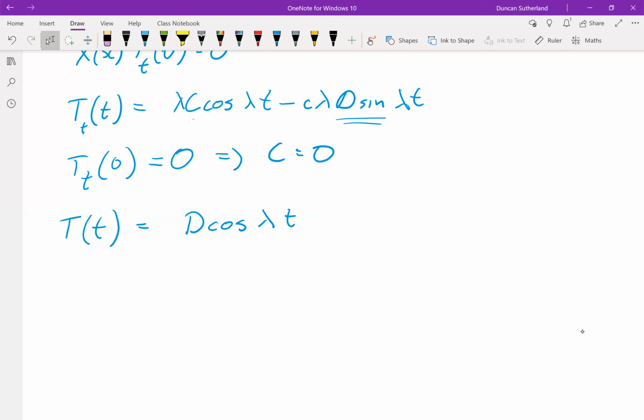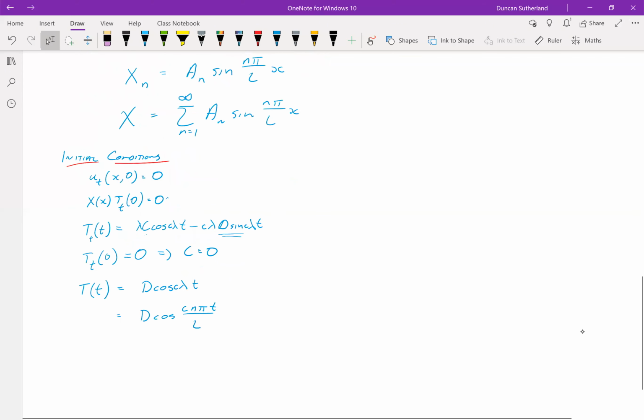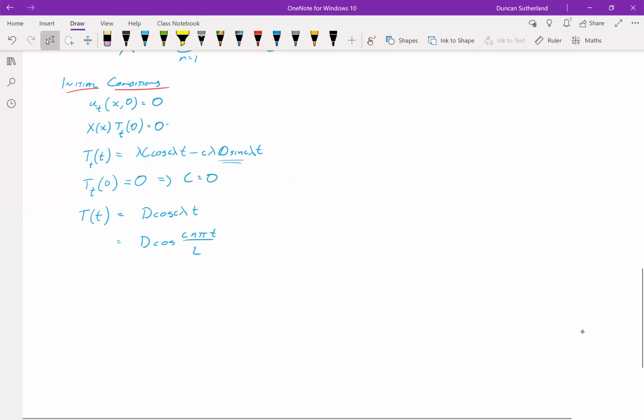But we should also be looking to substitute in what values we had for lambda. So that's D. The wave speed's still kicking around in there, and that's just substituting the value of lambda that we found before.